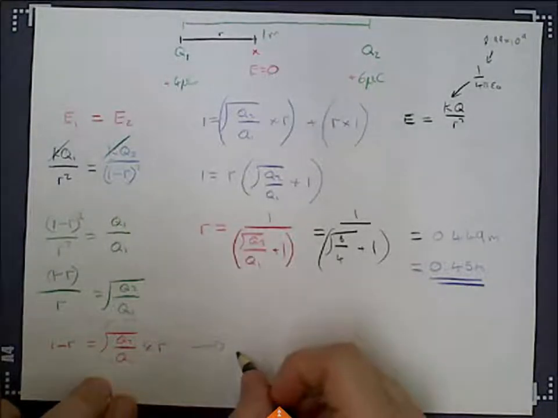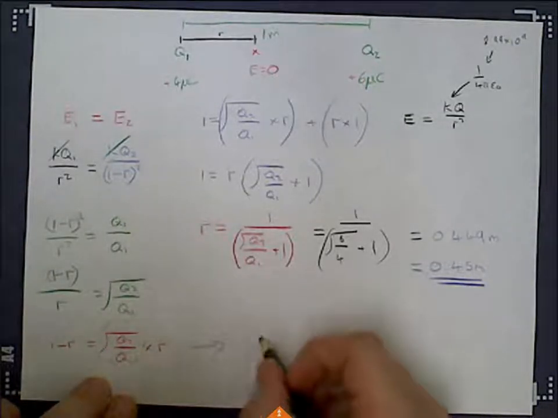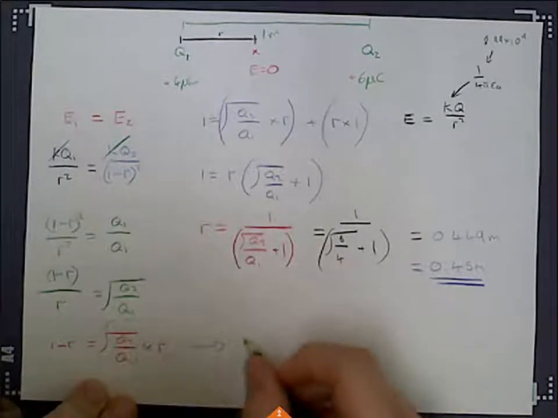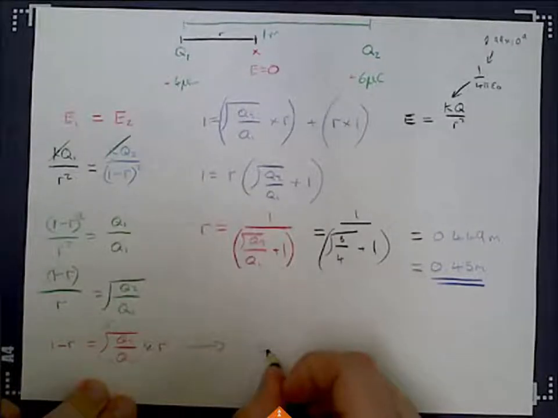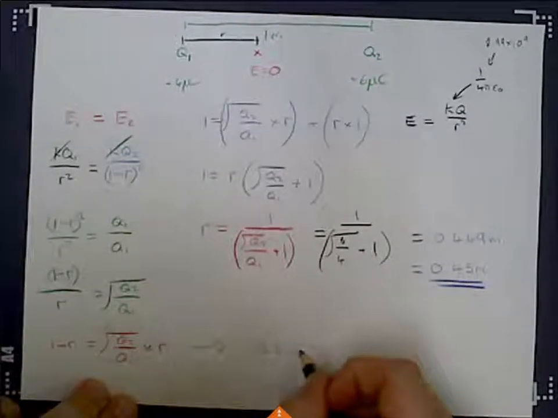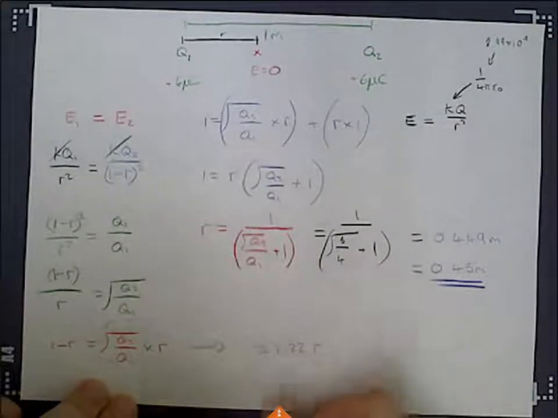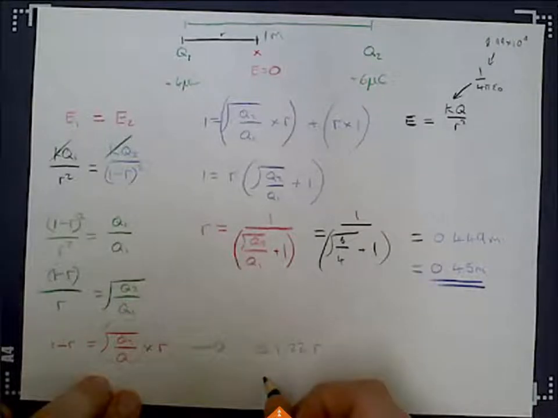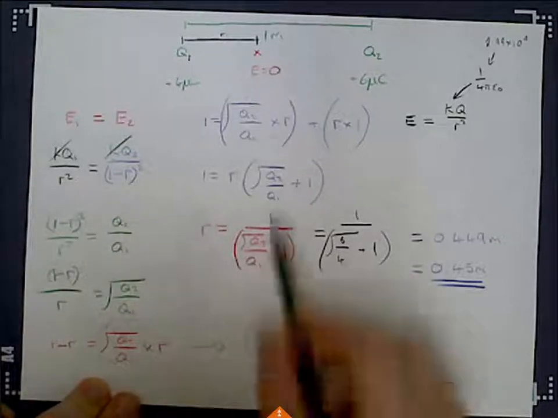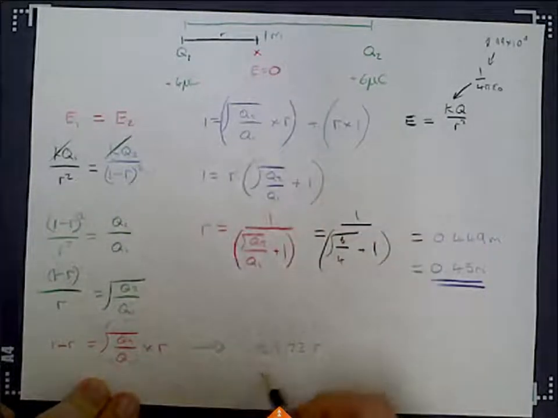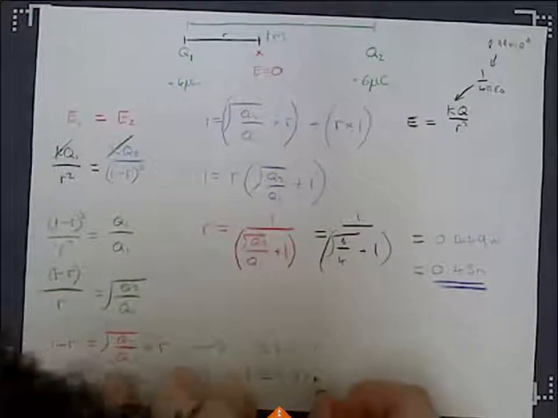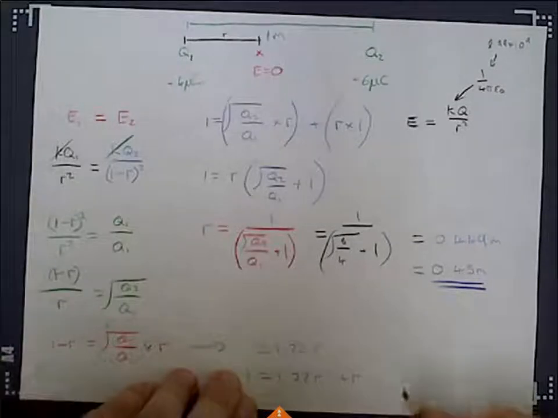So you end up with 1.22, because this value equals 1.22. So that equals 1.22r. And then you can say, because you've rearranged this value to come over here when we brought this 1 over, that that 1 there is equal to 1.22r plus r.